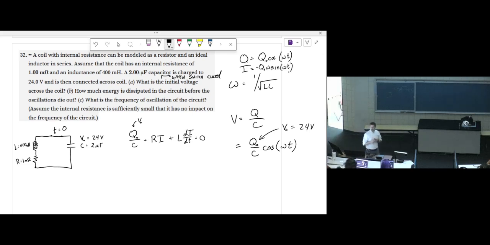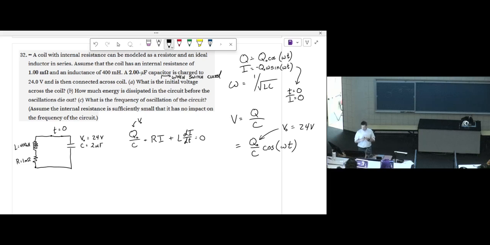If you plug in t equals 0 for the current, that means that at t equals 0, there is 0 current.